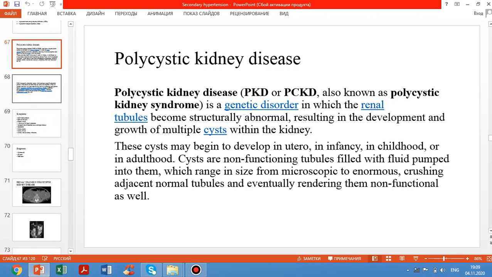Cysts are non-functioning tubules filled with fluid pumped into them, which range in size from microscopic to enormous, crushing adjacent normal tubules and eventually rendering them non-functional as well.